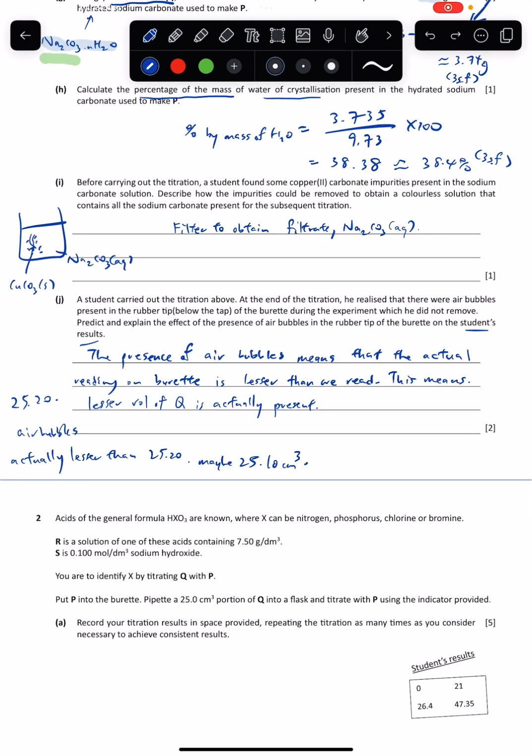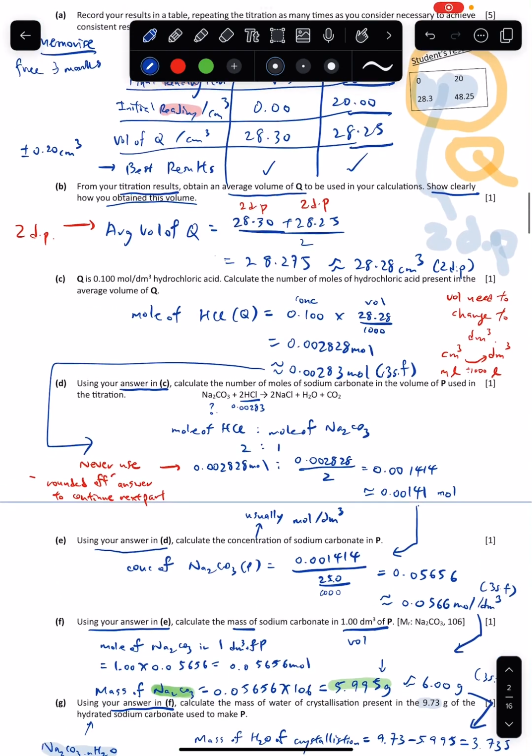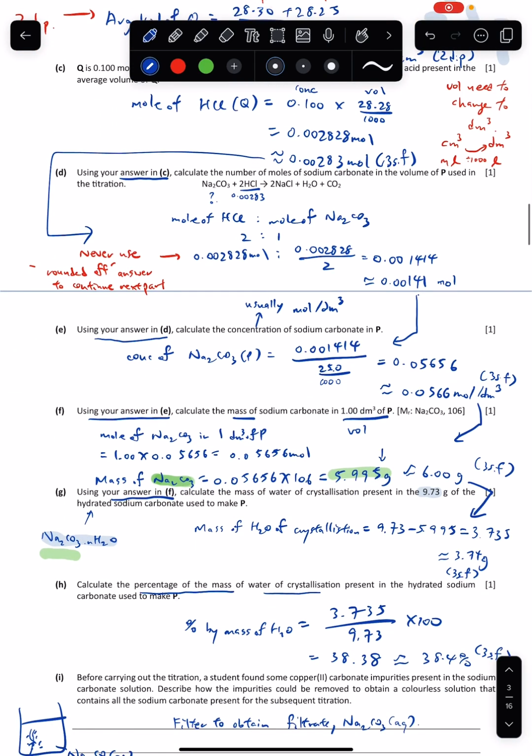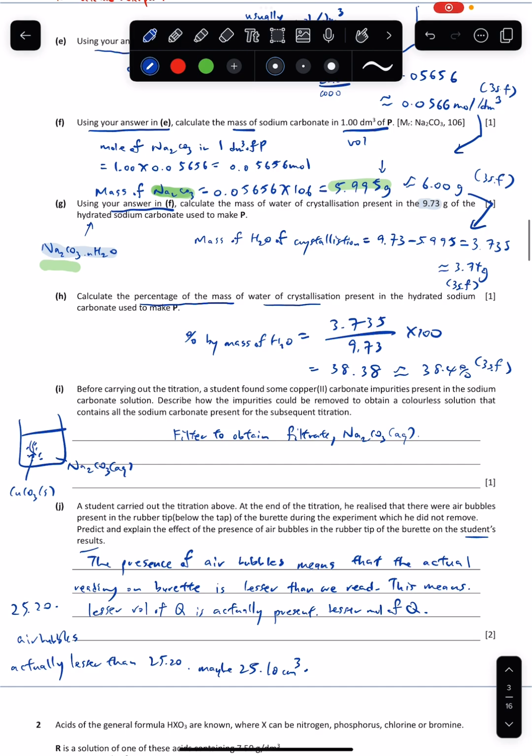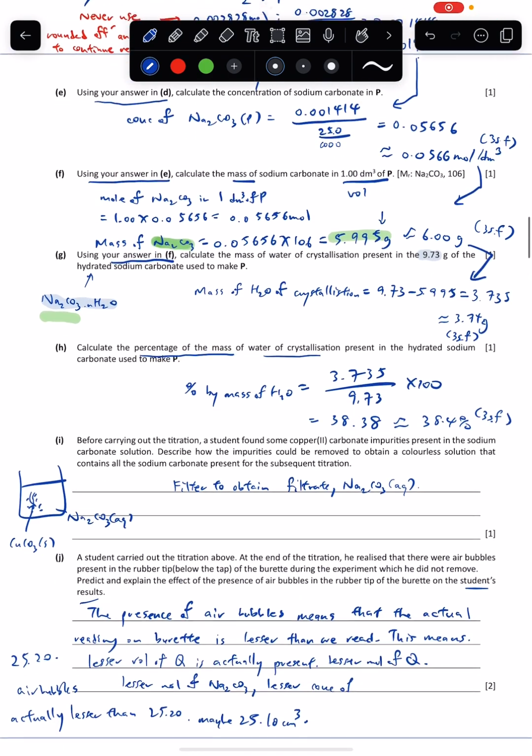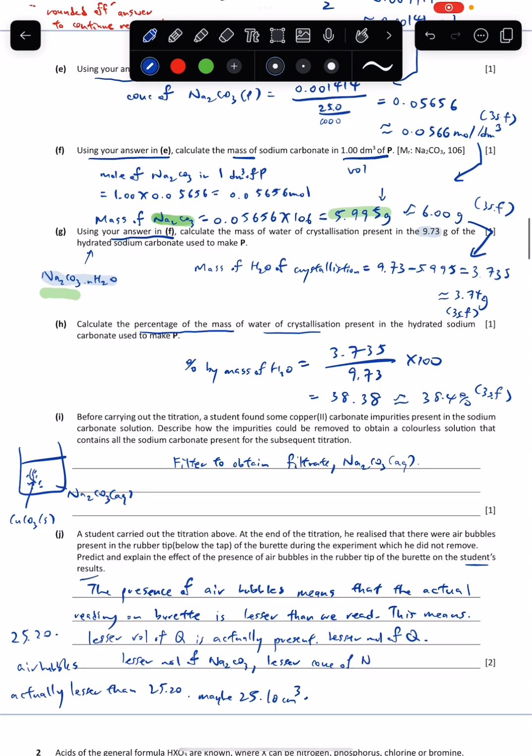You end up with lesser mole of Q. So it's just this continue, which means lesser mole of Na2CO3, lesser concentration of Na2CO3.